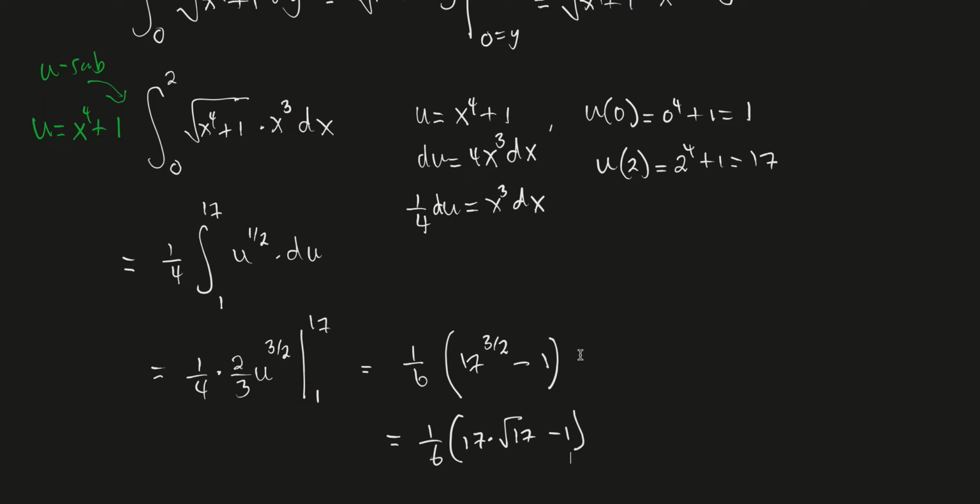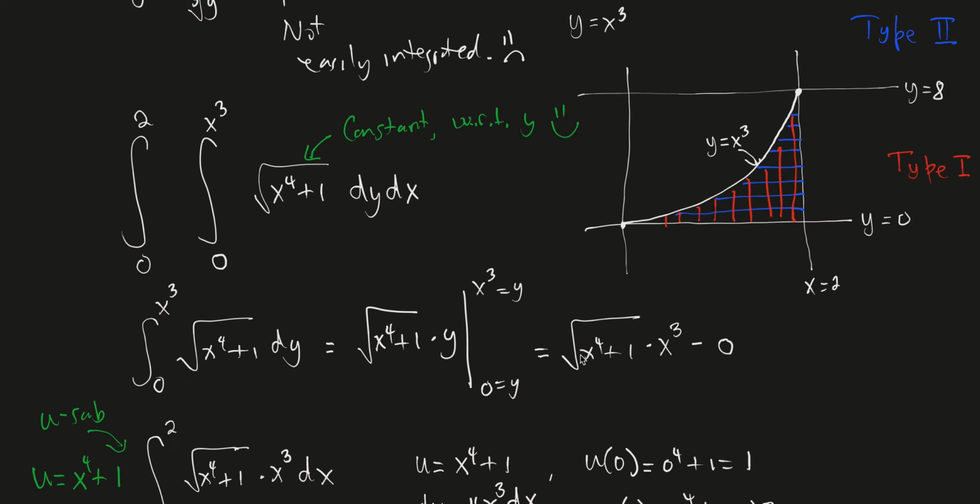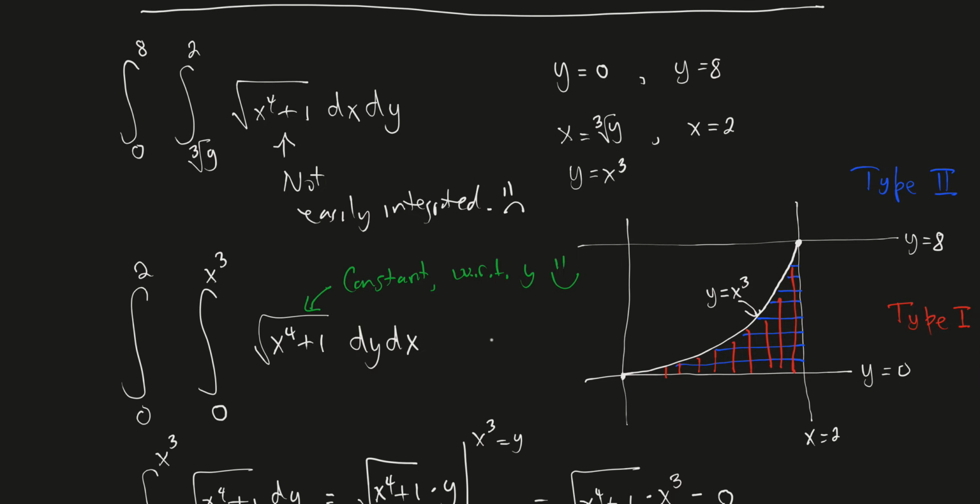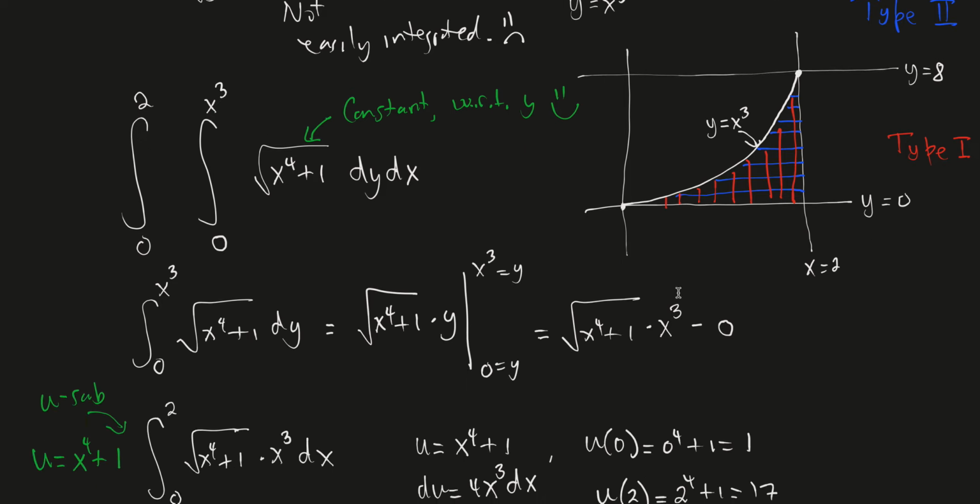I think everything is positive here, so we can say volume under, let me go back up so we can see the original problem, under this surface. In other words, the equation of the surface is z equals the square root of x to the fourth plus 1 over this region right here, which again, it's not a triangle or anything nice, but it's a region. It gives us a base, and we just computed the volume of that solid, right?